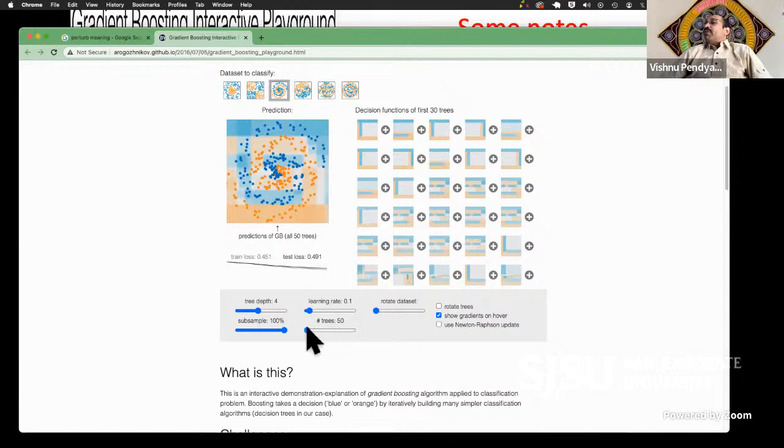If you increase the number of trees, those points also get classified. So 50 was too small a number to cover all the data items. Each point is a data item. Each point is a row in the data set. And what happens if you increase the depth of the tree?